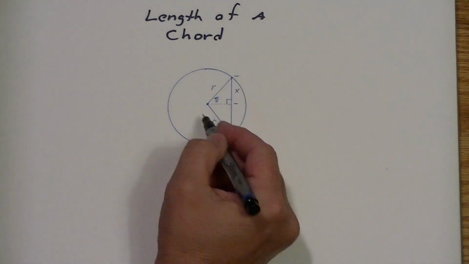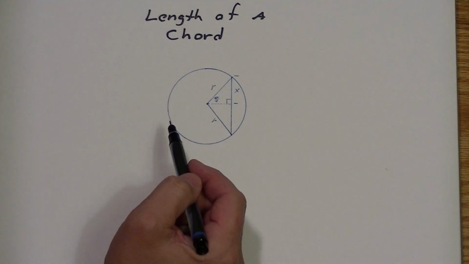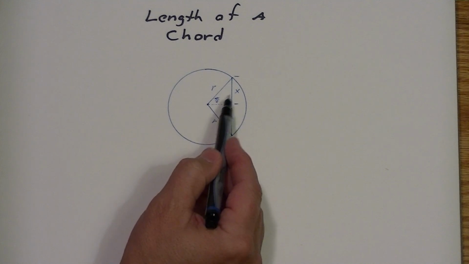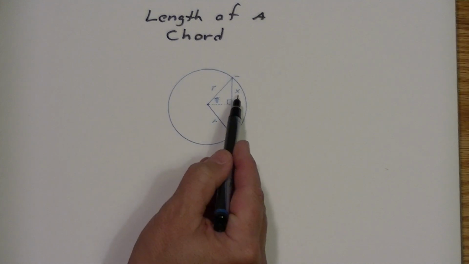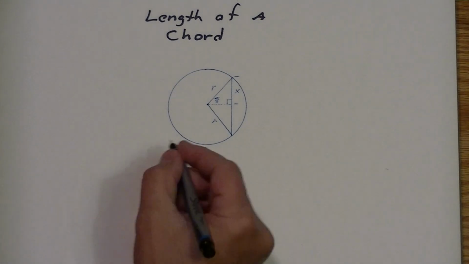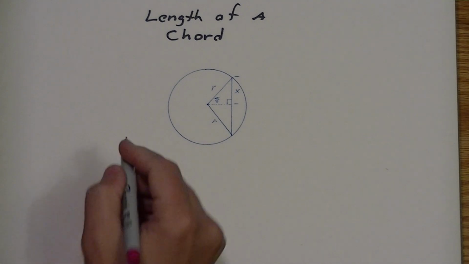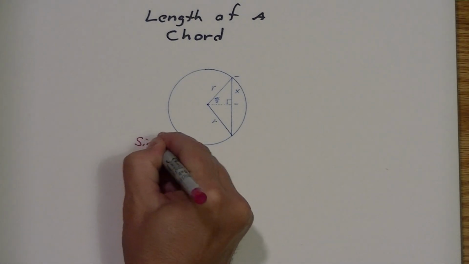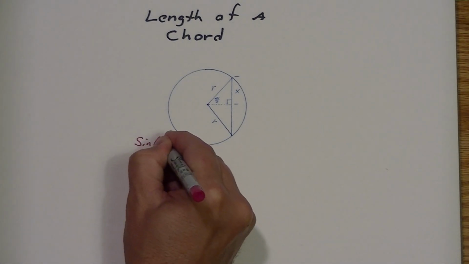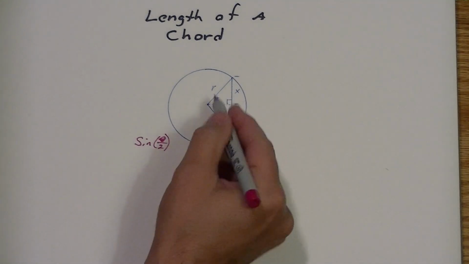So let's take a look at trig here. I know this value for my hypotenuse. I'm interested in the opposite side of the angle. Well, the opposite over the hypotenuse is the sine. So I can just simply write down that the sine of theta over 2, that's this angle right here. Remember, it's half the total.